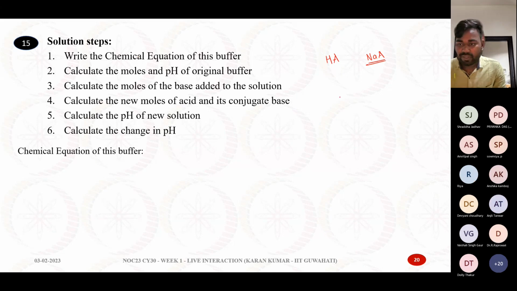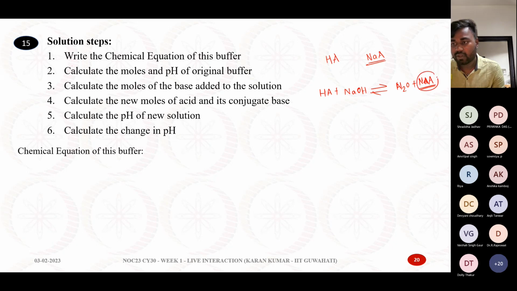Then the buffer equation will be HA plus NaOH, or anything, NaOH you write. It will form water, H2O, plus Na A, right?